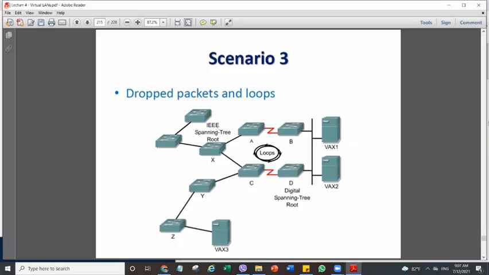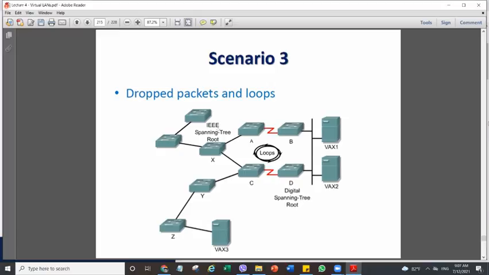When two different algorithms are used by mistake, right? You can't enable two different things. Then they try to maintain two different trees. One is not accepting the other one's root.